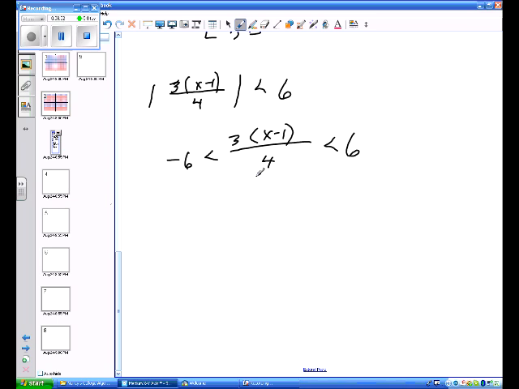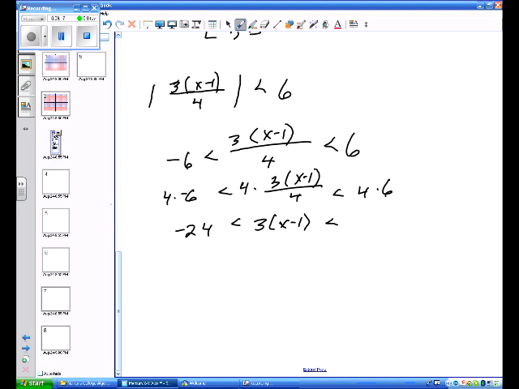Now you start looking at the center and decide, well, I've got this fraction. I don't want to deal with that, so I'm going to multiply all my parts by 4. That gives me negative 24 is less than 3 times x minus 1 is less than 24.